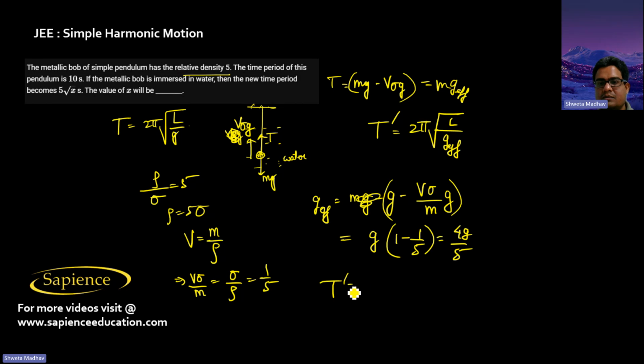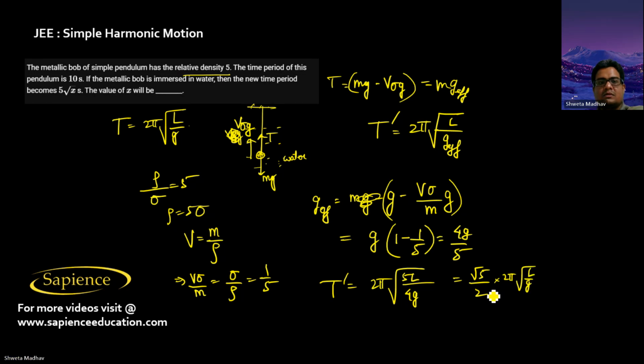So therefore T dash will be equal to 2 pi root over l by 4g by 5. So this is equal to root 5 by 2 into 2 pi root over l by g. Here it is told T is equal to 10 seconds.